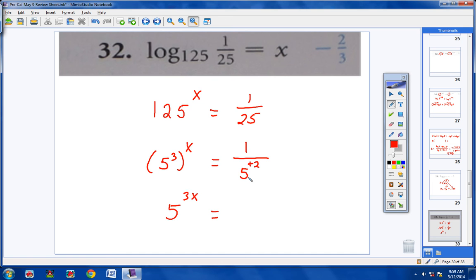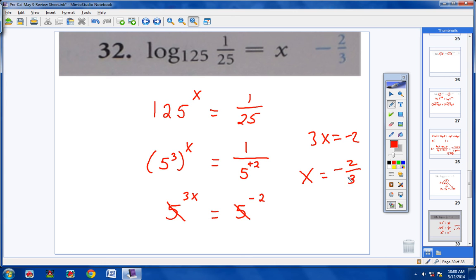If you bring your 5 to the numerator, the 5 doesn't change, but the 2 does. That's algebra 2 properties. Now what Matthew just called out, he said 3x equals negative 2. He's right. You have a base and an exponent here, a base and an exponent on this side. Your bases are the same, so basically cross them off. 3x equals negative 2. Divide both sides by 3, and x equals negative 2/3.